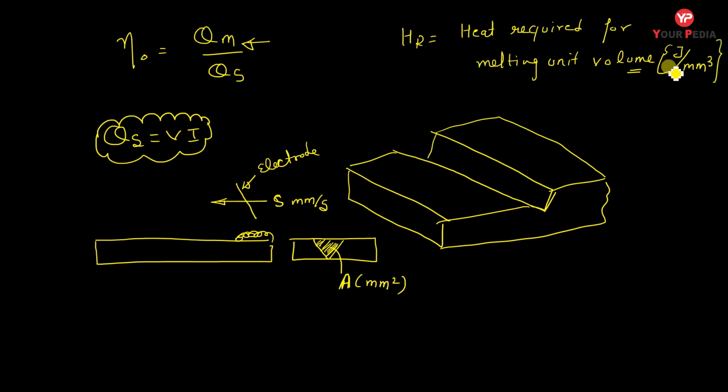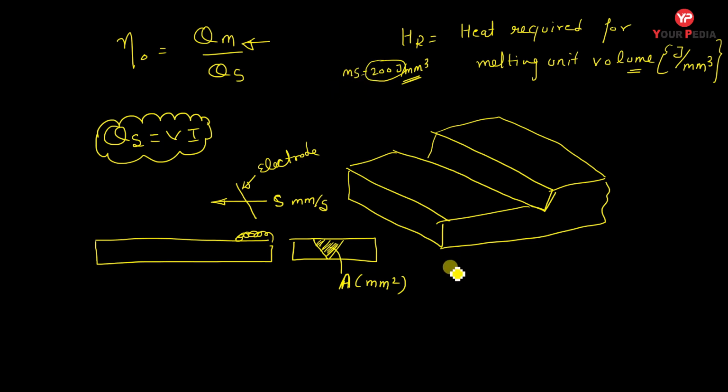So this quantity tells how much heat we require to melt a particular metal. For example, HR for mild steel is 200 joule per mm cube. That is, if I take 1 mm cube of mild steel, then 200 joule of heat is required to melt that metal.